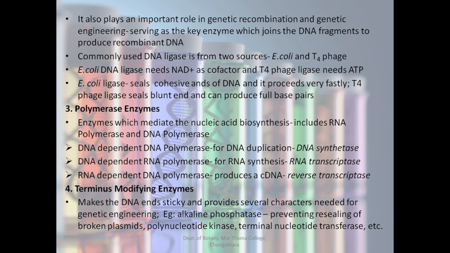These sticky ends have chances of combining back with the same parental DNA. So in order to prevent unwanted rewinding of DNA, these phosphatase enzymes cut off the staggered end.